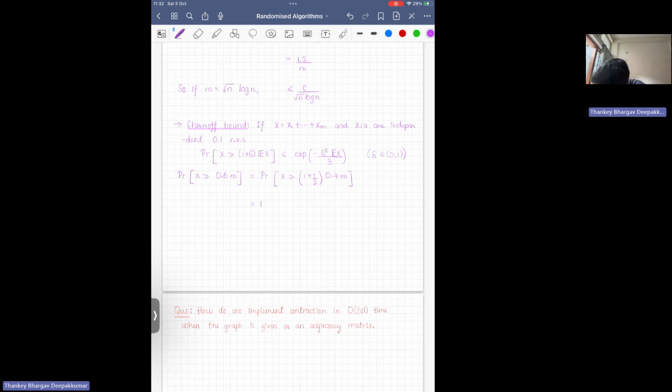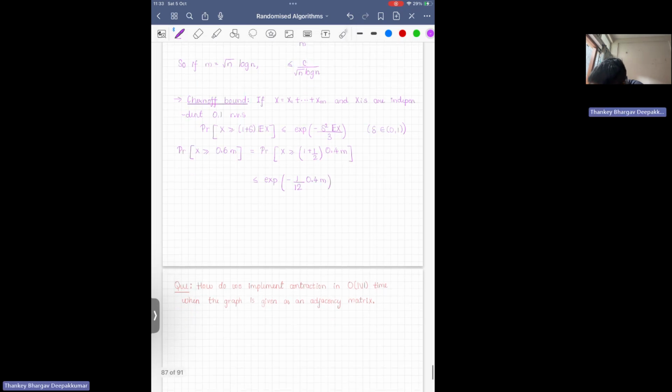This is upper bounded by, delta over here is 1 over 2. So delta square is 1 over 4, and 1 over 4 times 3 is 12. And expected value of x is 0.4 m.